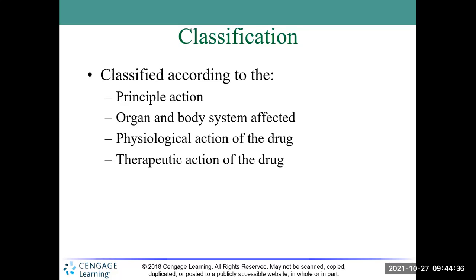And so this could be, you know, something like an antibiotic, that would definitely be a physiological action. It's providing that action in the body. And then the therapeutic action, what is it overall performing? Is it an antidepressant? Is it a stimulator of some sort or a depressant of some sort?